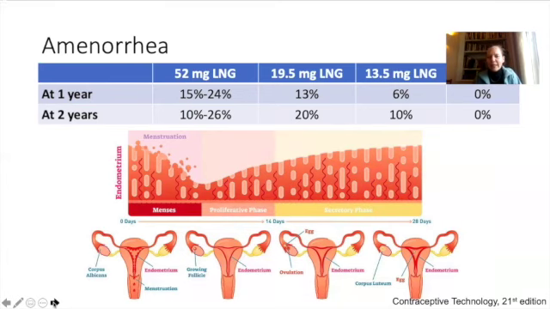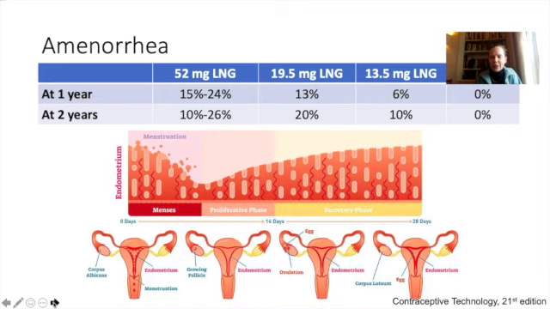So that is the most amenorrhea that you can get with one of those hormonal IUDs. Those that have lower doses have less amenorrhea. So the 19.5, only about 13% amenorrhea at 1 year. And for the lowest dose, only 6% at 1 year.